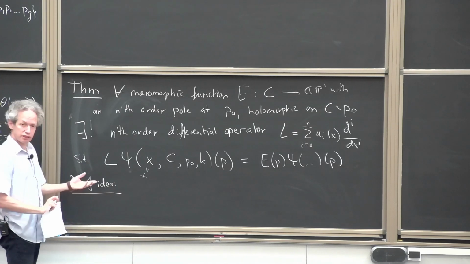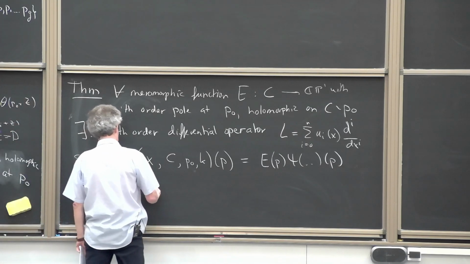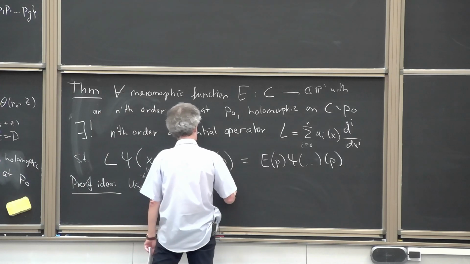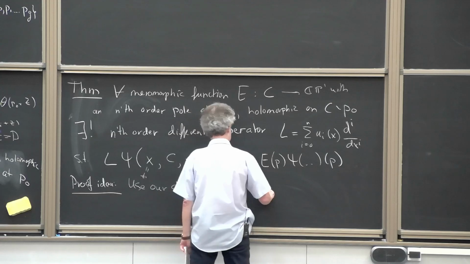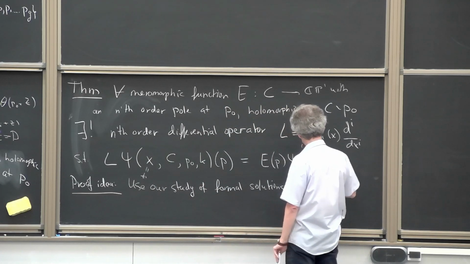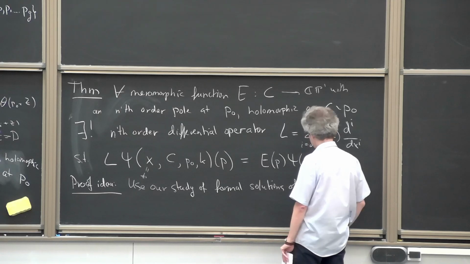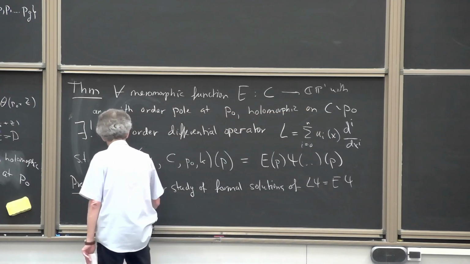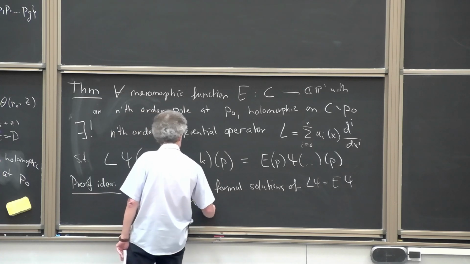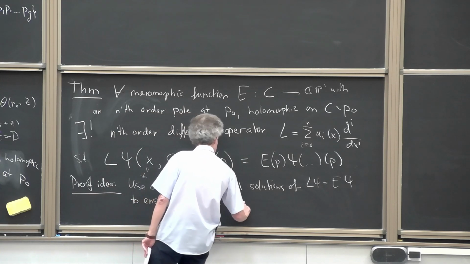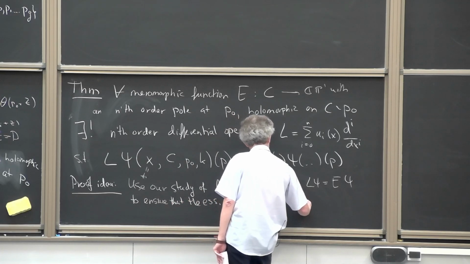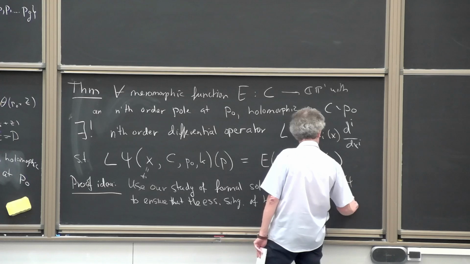The idea is very simple. Use our formal study, our study of formal solutions of L psi equals E times psi, to ensure that the essential singularity of both sides at P naught is the same.